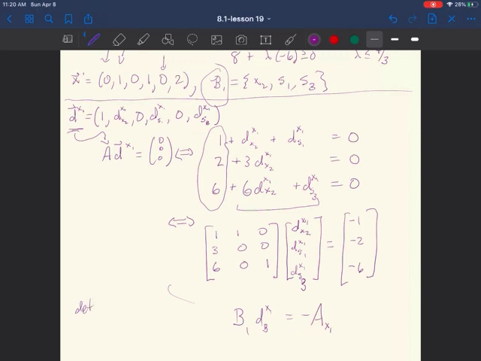Because this is a basic solution, I know that the determinant of B1 is not equal to 0, and I can see that dB1 x1 equals minus B1 inverse AX1.